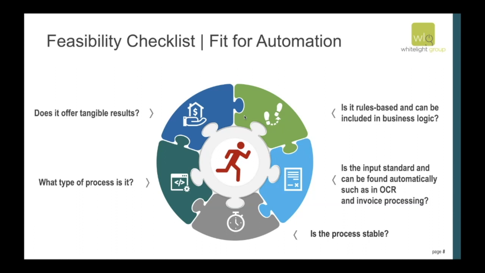If there is a scenario where it makes a human decision, where it could go one way or the other depending on how that person views that scenario, that's more of a person decision, a human decision that is made. And RPA would not be able to replicate a human decision to go one way or the other without business rules.